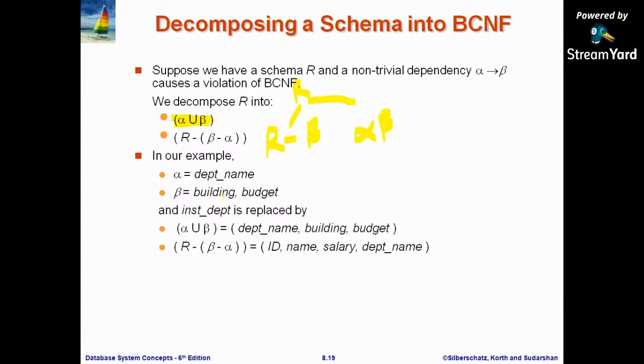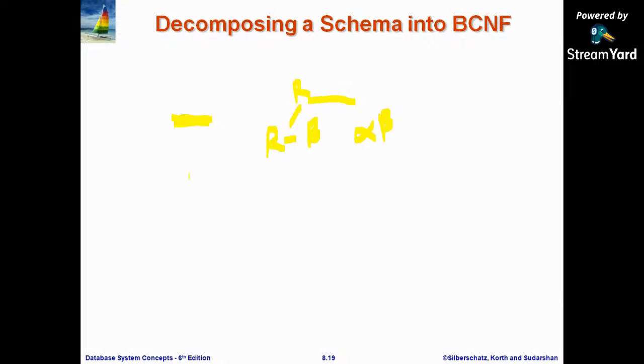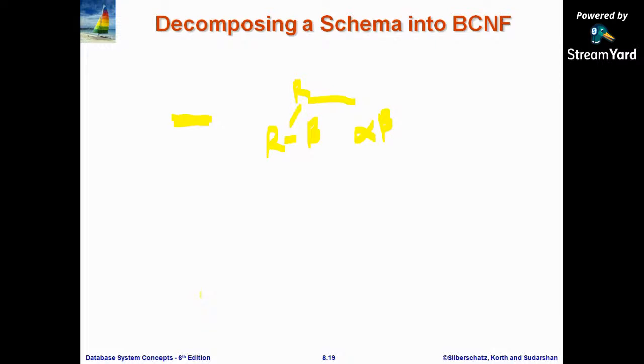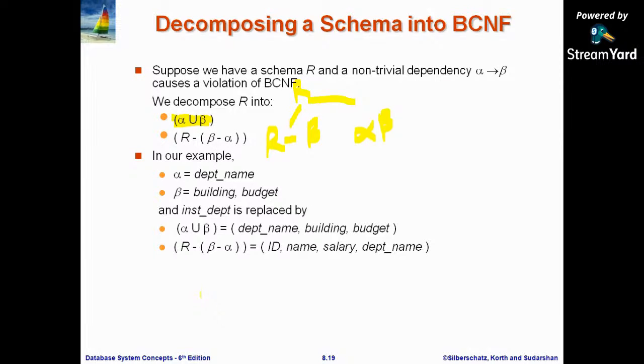In the previous example, all 5 fields were present, and in these 5 fields the functional dependency alpha tends to beta holds. This R will be decomposed. Alpha is department name and beta is building, budget. So the first decomposition will be alpha beta, that is department name, building and budget.